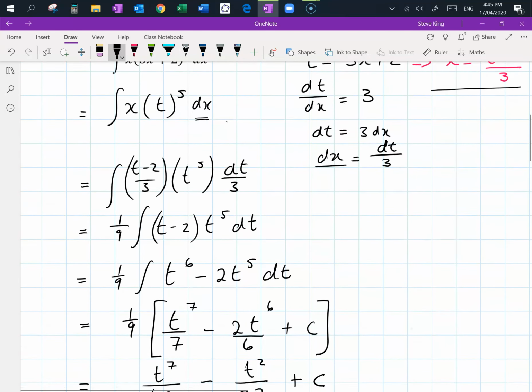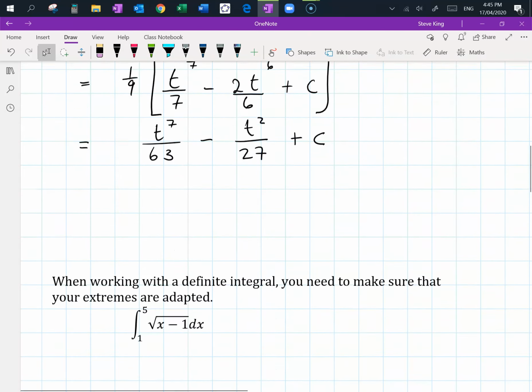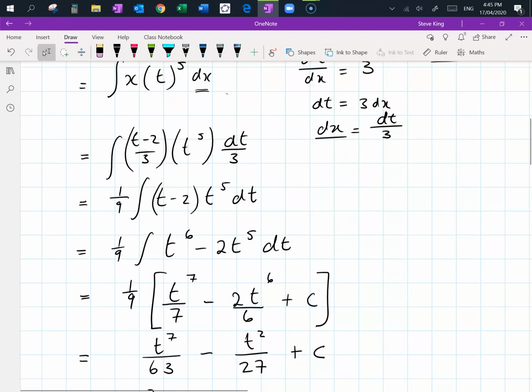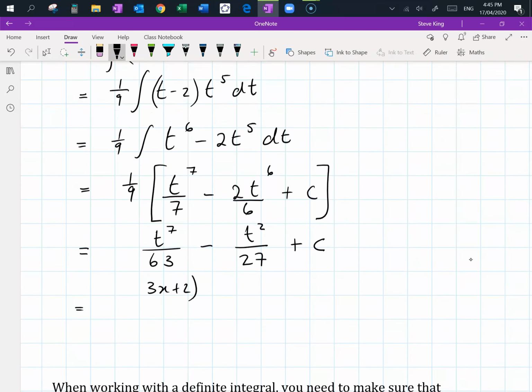But if you remember, the expression didn't have anything to do with t's, it had to do with x's, and we said that t was 3x plus 2. So all I have to do now is to go and put in over here 3x, was it 3x plus 2? Yep, 3x plus 2. 3x plus 2 to the power 7 over 63 minus 3x plus 2.